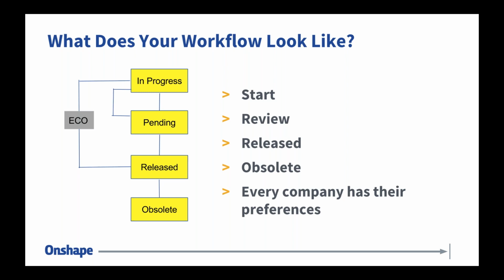And generally that means this is a product that's out in the market, and we do not want to make changes to it without some kind of a formal change process, change order, sometimes referred to as ECO, engineering change order. And that process could involve creating an ECN number. It could involve a number of different things depending on your organization and how you want to handle that change order process.